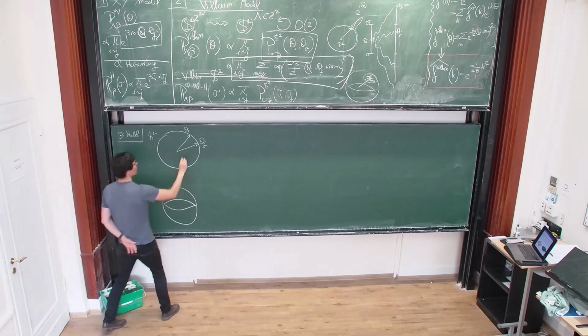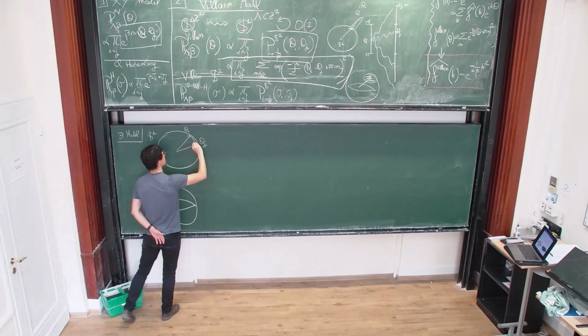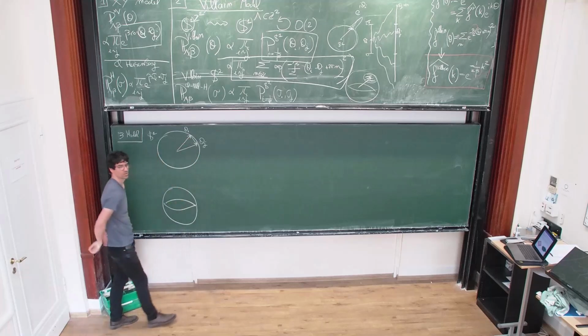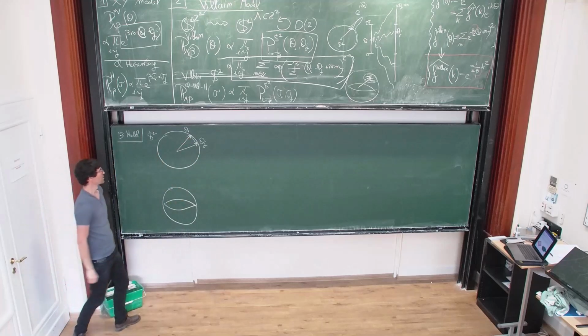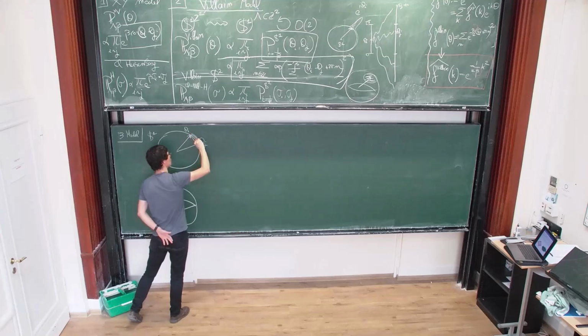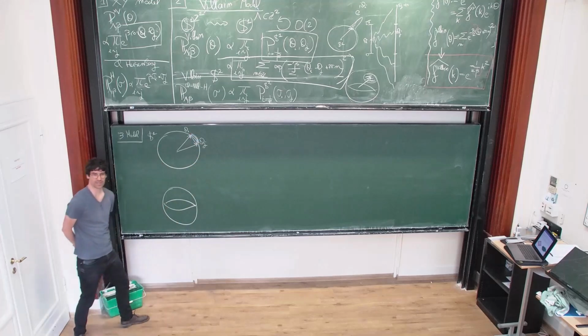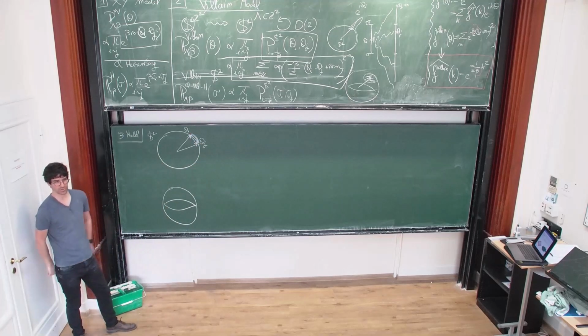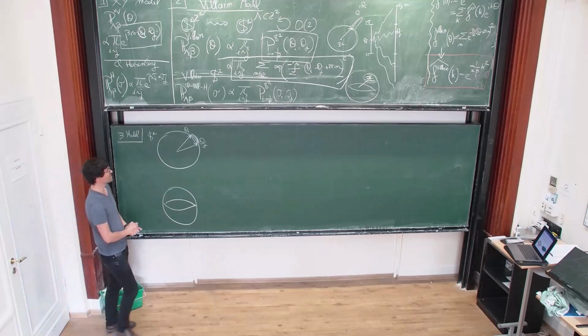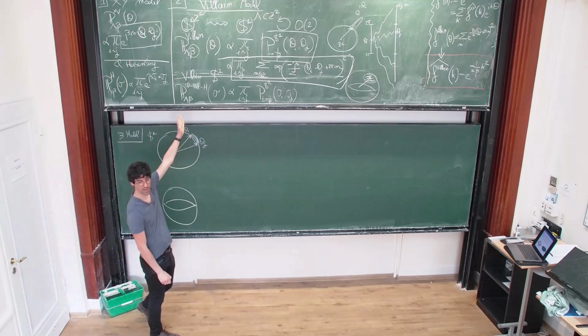So the XY model uses this L2 distance squared, but it's as natural, I guess, to have a model which would take the arc distance between theta i and theta j. This will also be a ferromagnetic system which will be S1 valued, as those two models are.